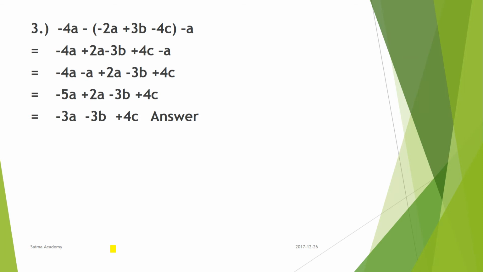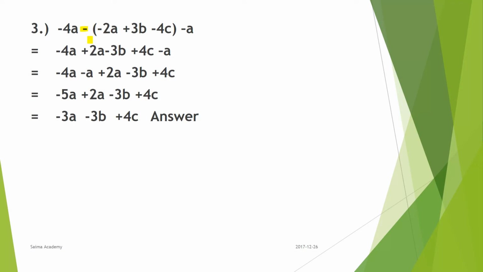Come to the next question here: minus 4a minus, in parenthesis, 2a, b and c, and then minus a. First you have to see if you can simplify anything inside the parenthesis. This is 2a, b and c, so we do not have to simplify it because all are different. Then you have to solve this parenthesis, and beside this parenthesis we have a minus sign here.